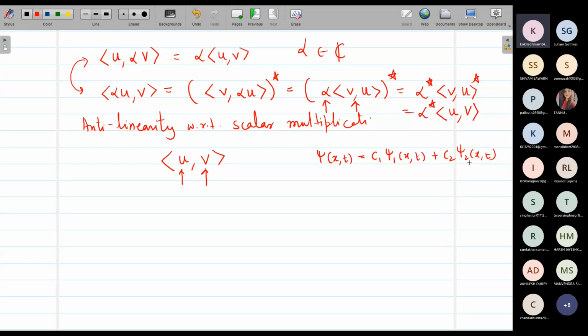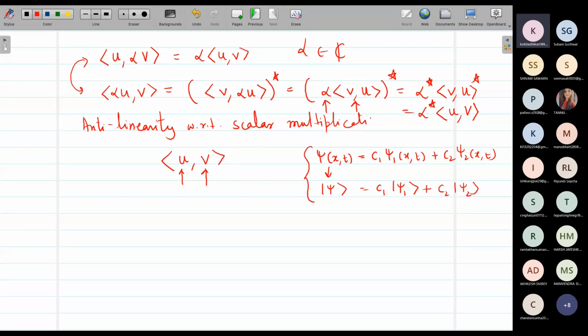It's nothing but the linear superposition principle. All we did is associate this with C1 psi1 plus C2 psi2. So we are saying that psi1(x,t) and psi2(x,t), instead of talking about them as wave functions right now, we are calling them vectors in the vector space.